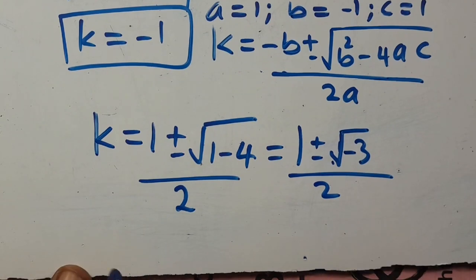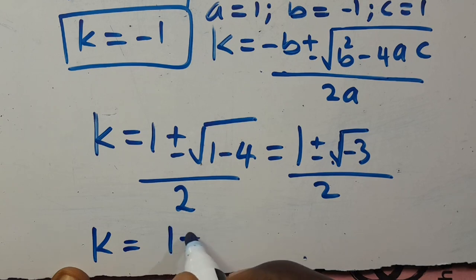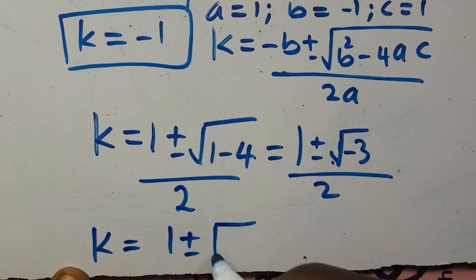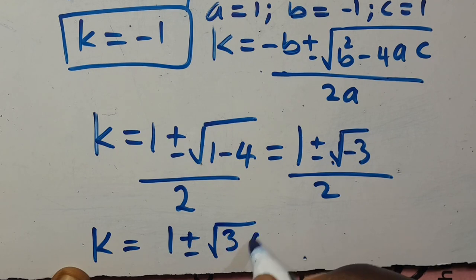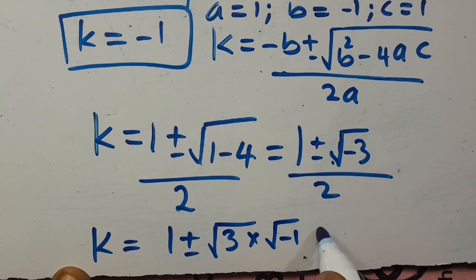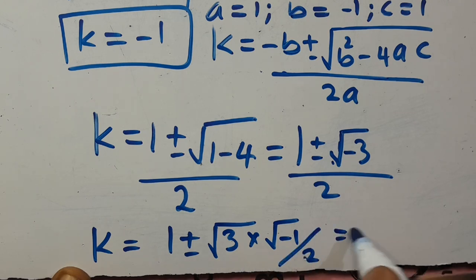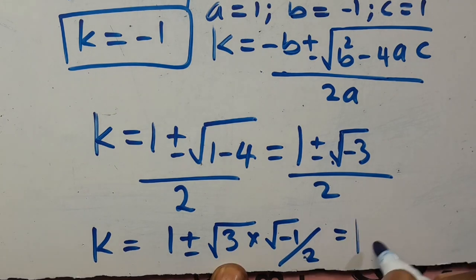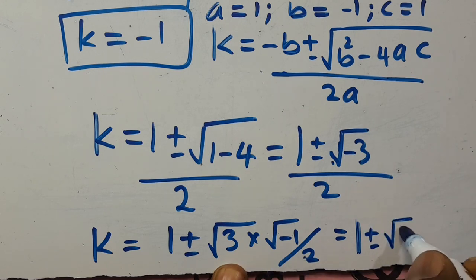So we are going to have k equals 1 positive or negative, we can re-express this as 3 multiplied by root of -1, then all divided by 2. And this will be equals 1 positive or negative root 3.